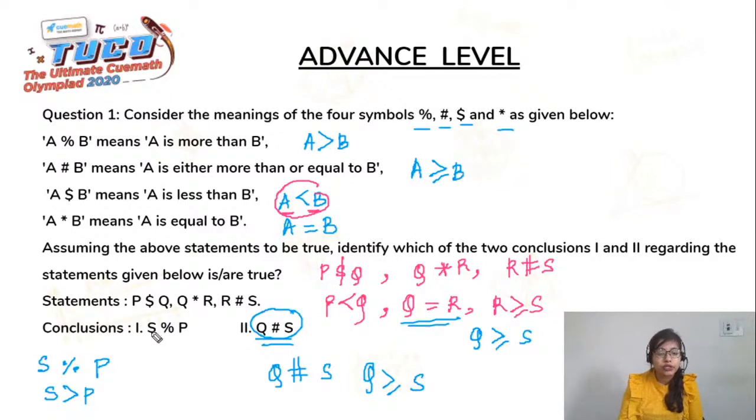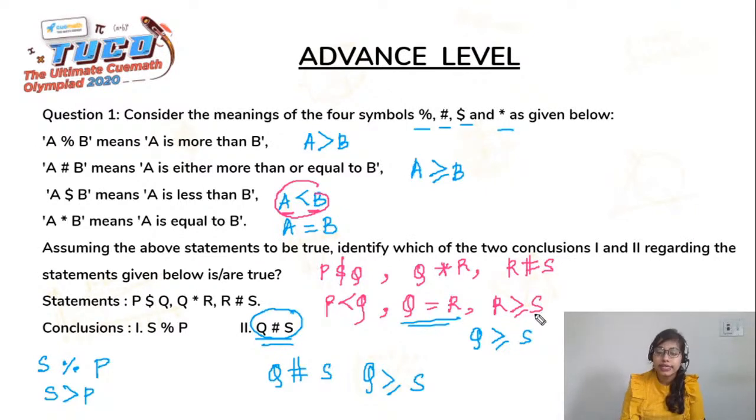But according to the first conclusion, S percentage P, we do not know anything about it. Why don't we know anything about it? S is greater than P. Okay, fine. So basically P is smaller than Q, correct?